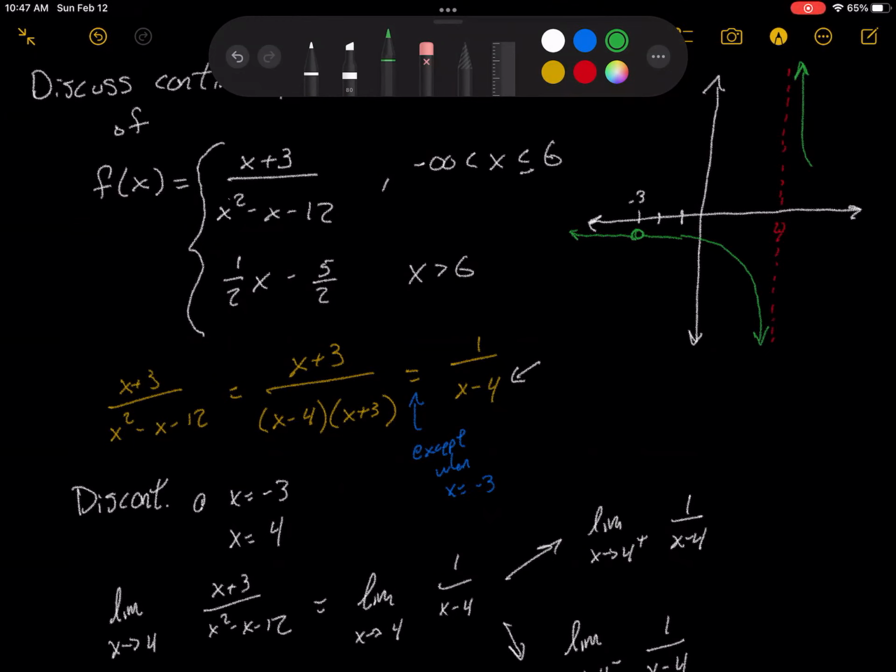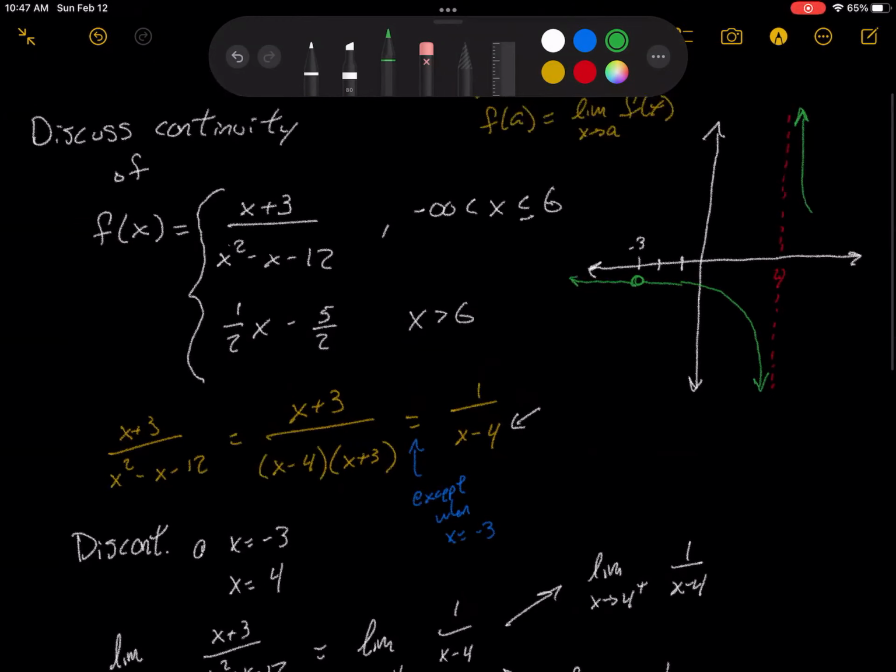All right, so everything in green on my graph is just the graph of this rational function, x plus 3 over x squared minus x minus 12. And I'm only supposed to listen to that rational function until I hit 6.